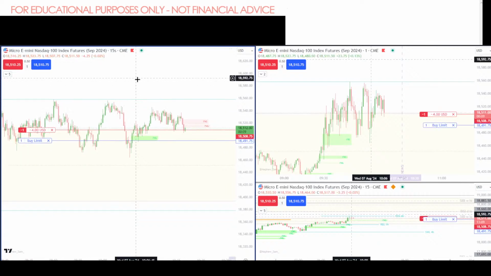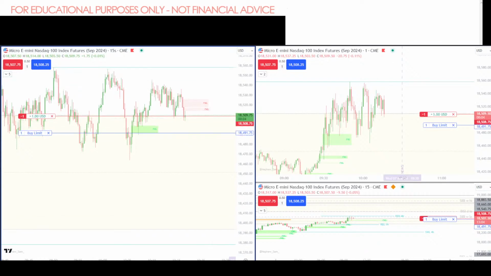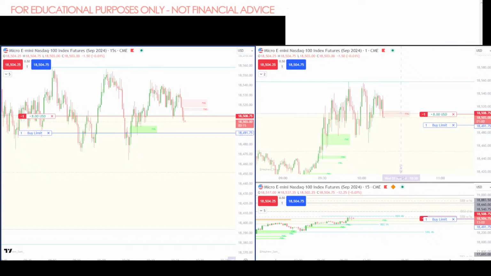Let's see, we've got the bearish fair value gaps above us. Probably be best to wait for a retracement.